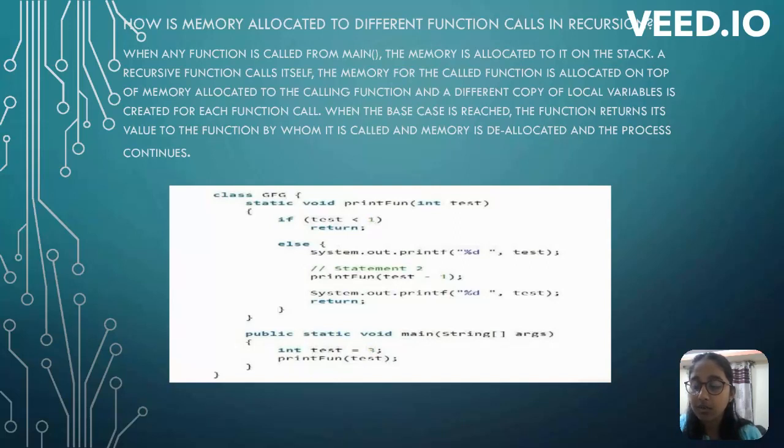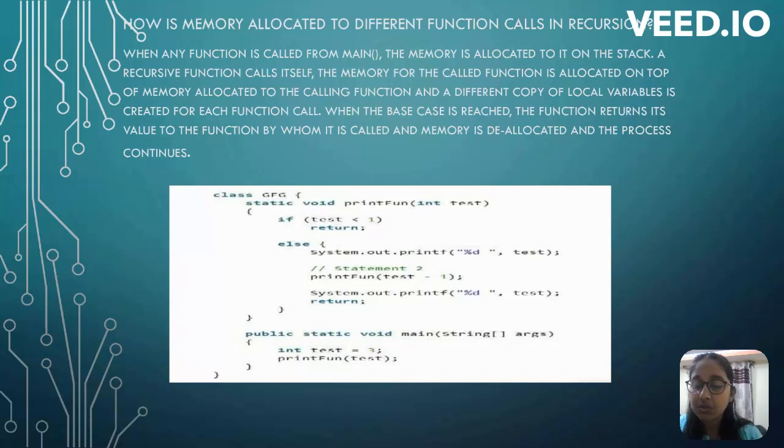After the recursive call, it prints the value of test again. In the main function, an integer variable test is declared and assigned a value of 3. Then the printFunction method is called with the test variable as an argument. When you run this code, it will print the numbers in the following pattern: 3, 2, 1, 1, 2, 3.